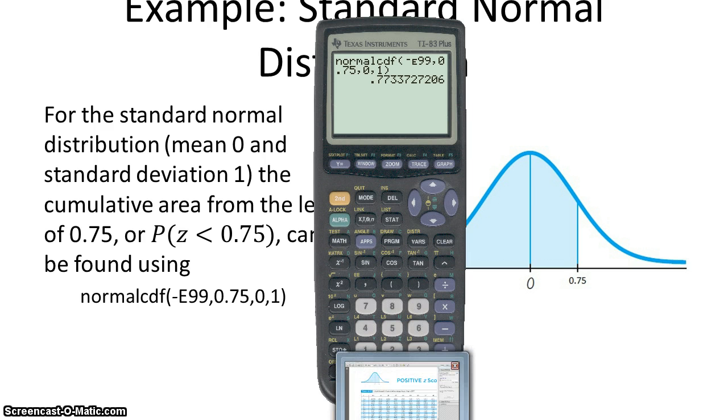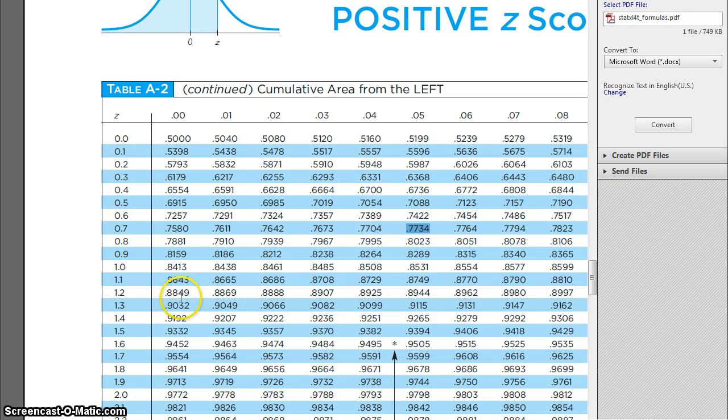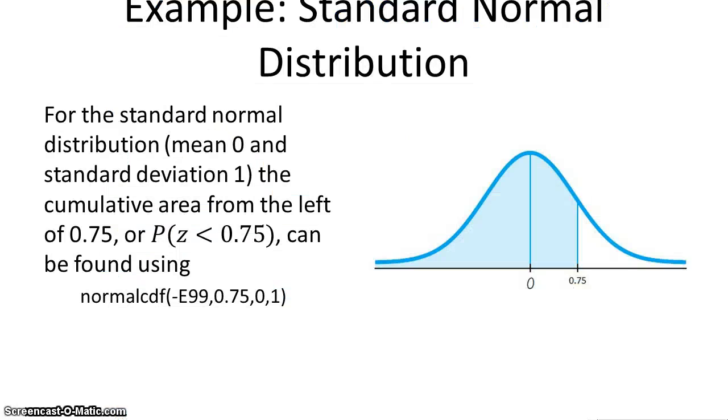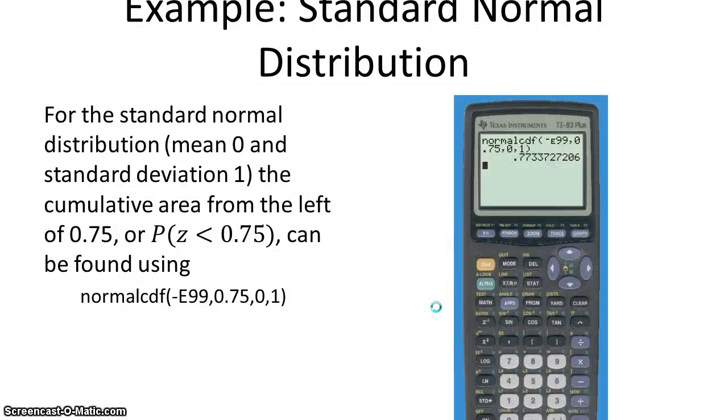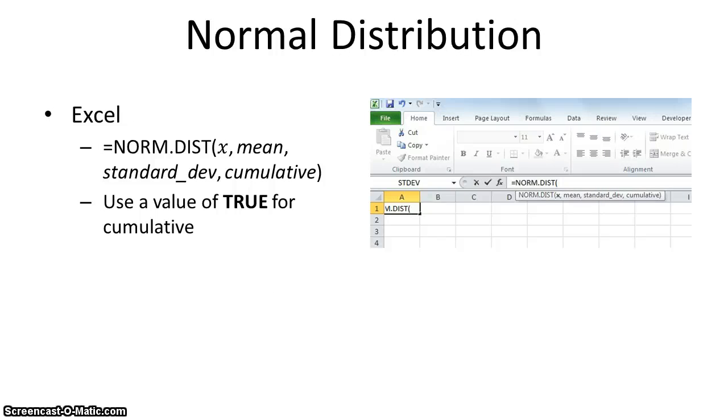You can verify that using the standard normal distribution table for a z-score of 0.75. You can see the probability is in fact 0.7734. Now, we can also use Excel to calculate our normal distribution's cumulative area from the left.